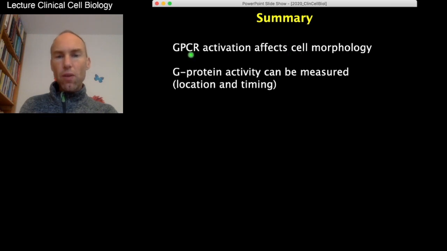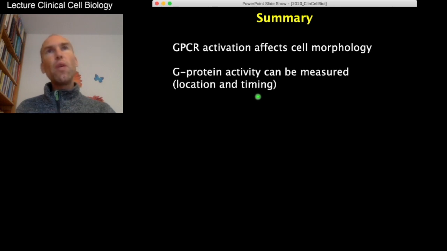And with FRET technology, we can actually measure this G protein activity within cells. We can see where the activation occurs and what the timing is. And now with this nice technology, we can learn more about how this GPCR activation affects cellular morphology. And this will be the topic for the next part of this talk.